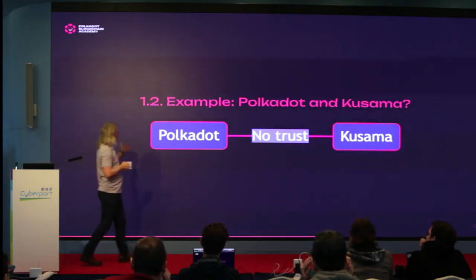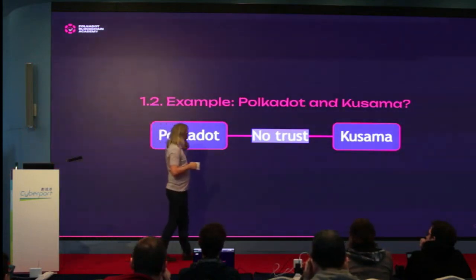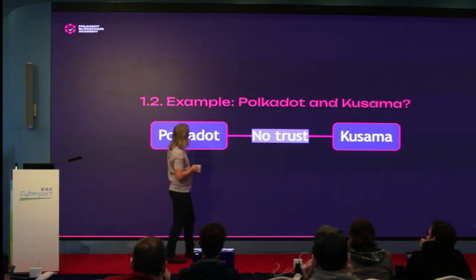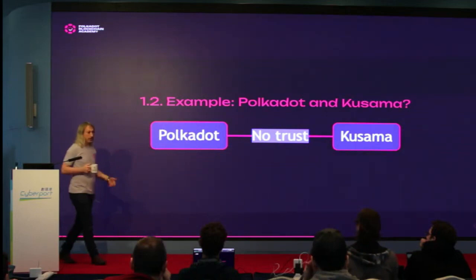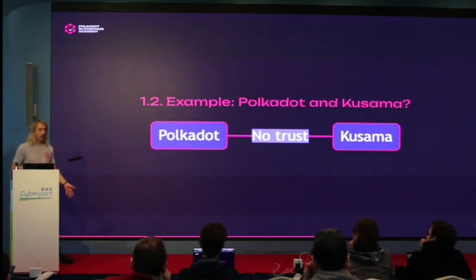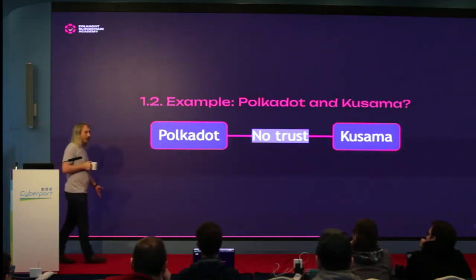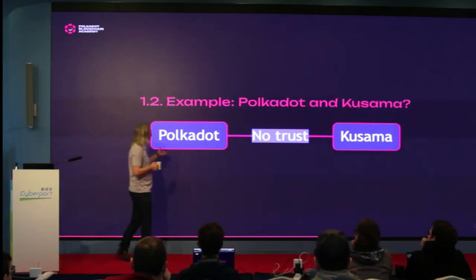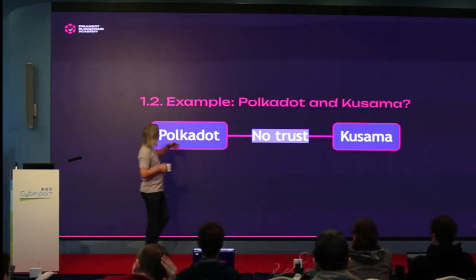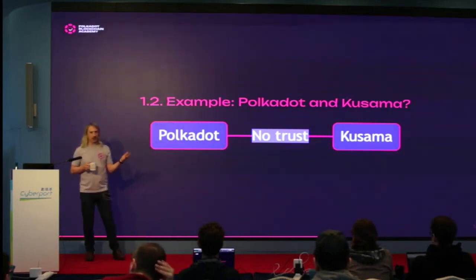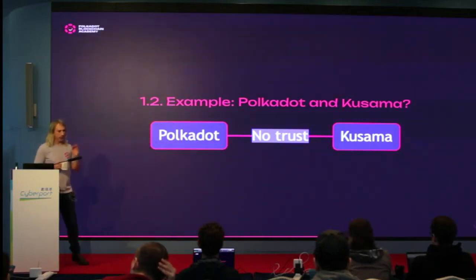So if we are attempting to transfer assets from Polkadot to Kusama, there is no basis of trust, right? Polkadot has a different governance system to Kusama, has a different consensus system to Kusama. There's no reason that Polkadot could reasonably accept DOT from Kusama and believe that it had been burnt on Kusama.